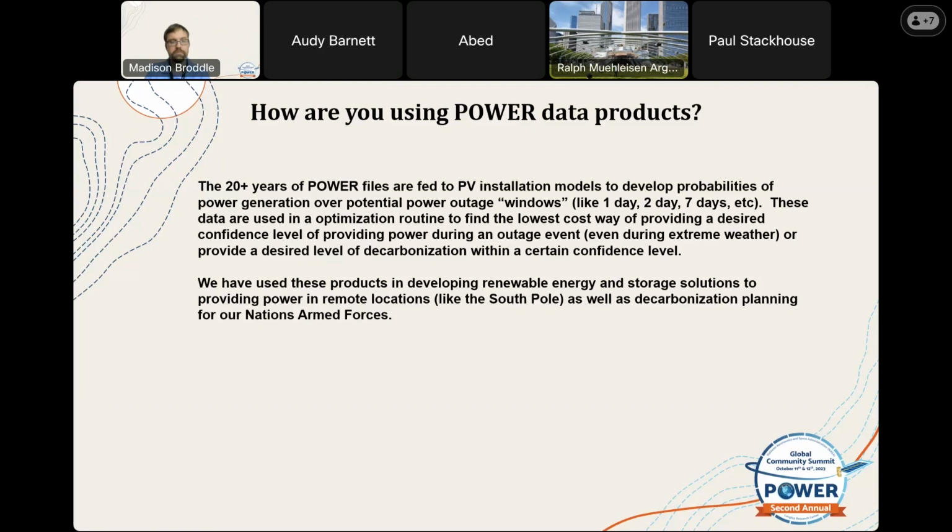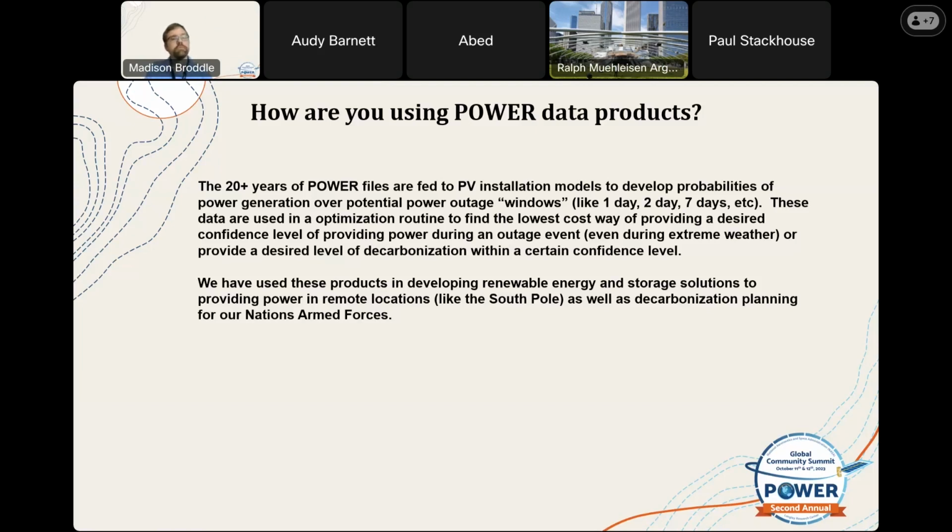And the fact that some of your products actually cover things like the South Pole is really important. We used this in doing a feasibility study for decarbonizing the South Pole, where we have wind and solar going together with storage to try to reduce the amount of diesel fuel that you might use or have to use in any way, shape, or form.